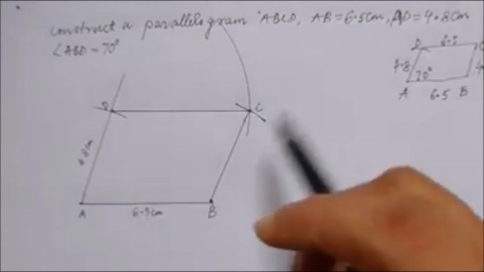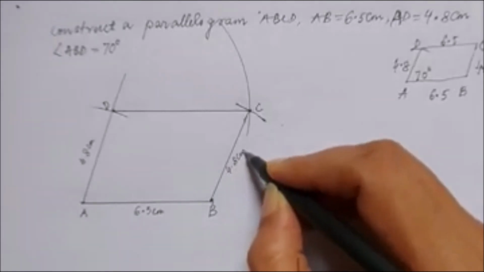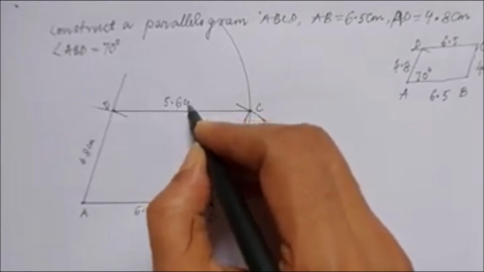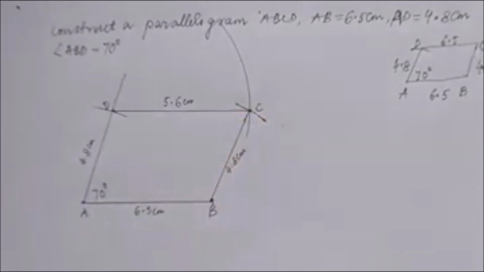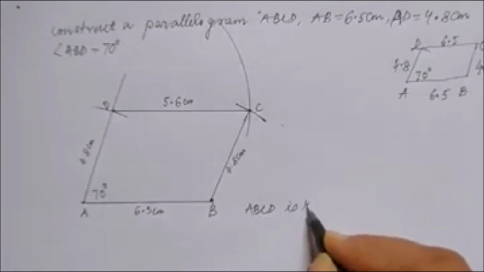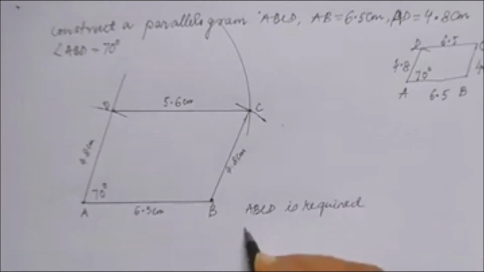Here this is 6.5 centimeter, this is 4.8 centimeter, and I have drawn 70 degree here. So we'll write ABCD is the required parallelogram.